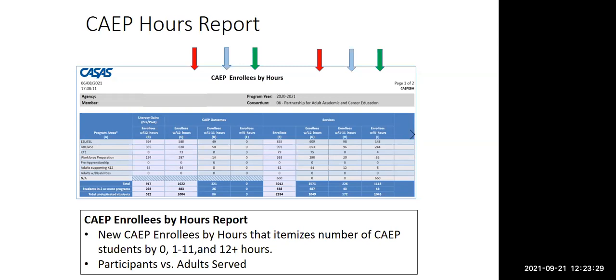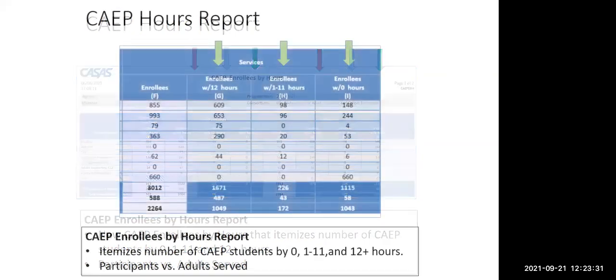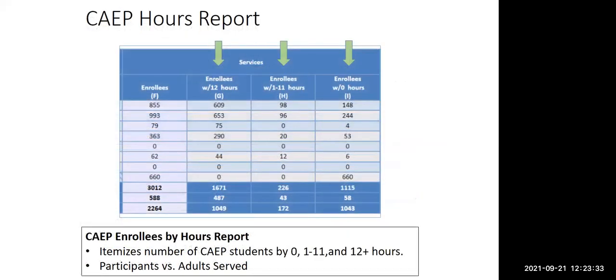So this is breaking it down into those buckets in a little bit more detail. The enrollees by hours is focusing in on those that are in that services section. So we look at some of those with services. A lot of those are presumed to be those that don't have any hours, but a lot of times it might be students that have some hours, or maybe students that even have 12 or more hours, but just didn't enroll in an official CAEP class.